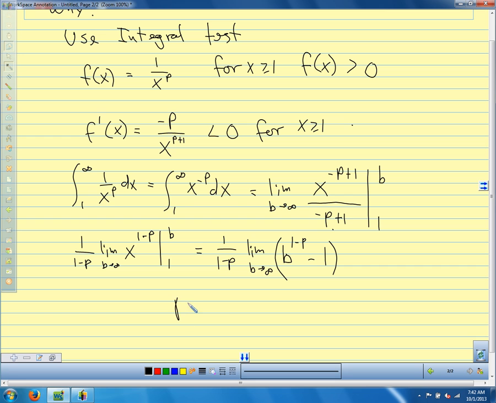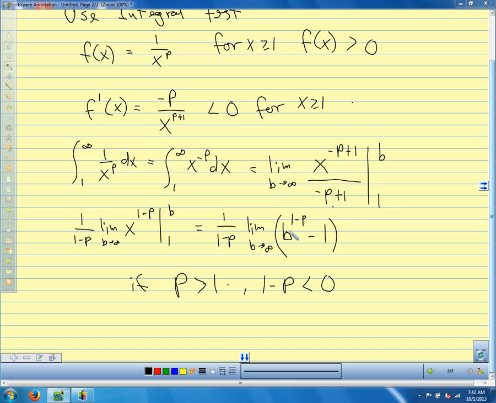So if p is greater than 1, what does that make 1 minus p? Positive or negative? Negative. 1 minus p is less than 0.